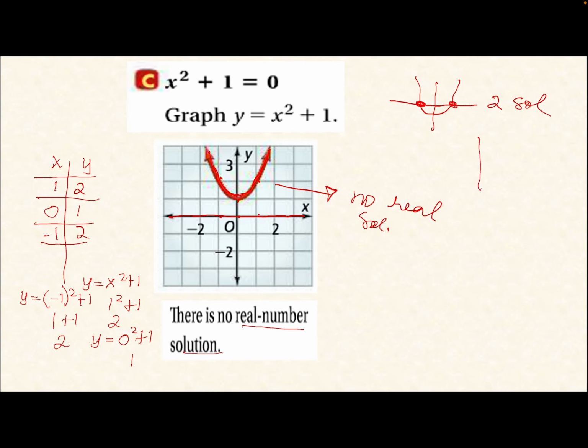If the parabola touches the x-axis in 1 point, then it has one solution. But if the parabola does not touch or cross the x-axis, meaning to say the quadratic equation has no real solution. Okay?